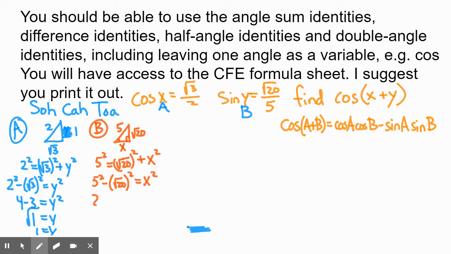Well, that's going to be 25 minus the square root of 20 squared, which is 20, equals x squared. So 5 equals x squared. Take the square root of both sides and we end up with square root of 5 equals x. All right? So that's pretty good.